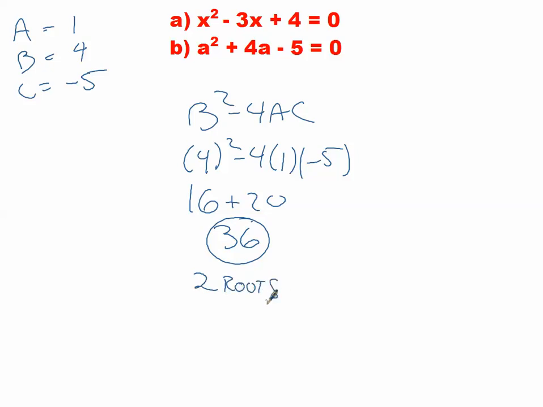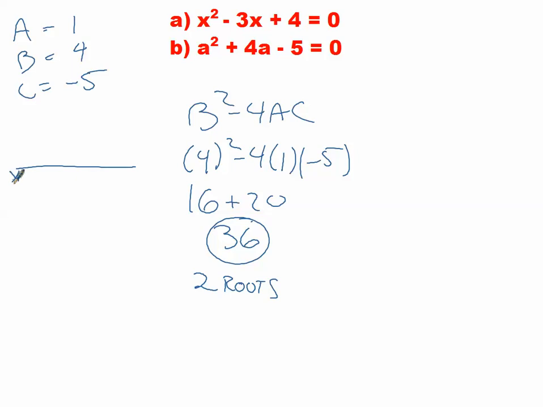Now, I foreshadowed, I said how many? I also said we're going to figure out if the vertex of our parabola, that is the minimum or the maximum, is above or below the x-axis. So since I have 2 roots, I have a parabola that crosses the x-axis. Let's say this is the x-axis.